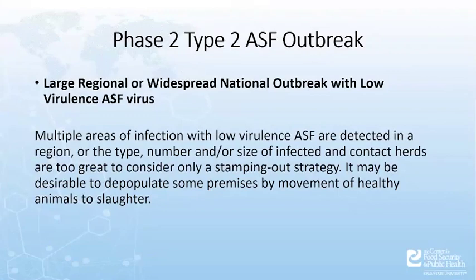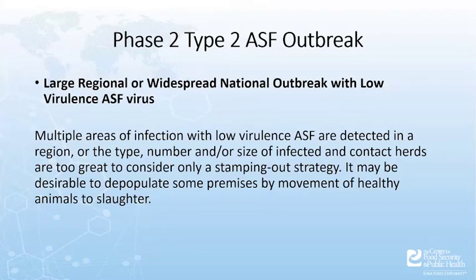So for a type 2 outbreak, which would be a large regional or widespread national outbreak with low virulence ASF, and again, this is probably unlikely that the virus that's circulating and spreading in Asia, Europe, and China is high virulence, but it is possible that a low virulence isolate could get in and could be spread in feral swine and then to domestic swine before we realize it.